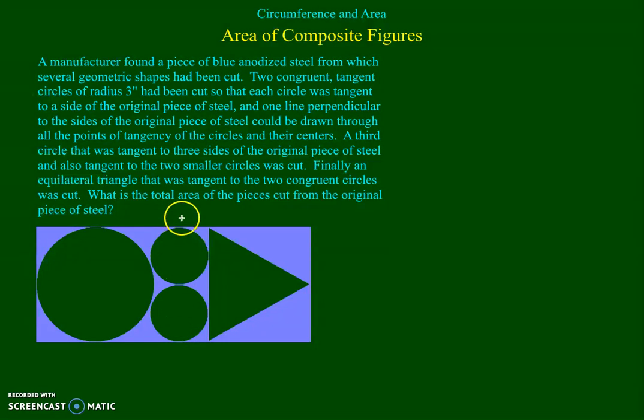That's a pretty critical piece of information to find the other values here. So we know this radius is 3, this radius is 3, and there's a line that can be drawn straight through all of these so that we have a diameter and a diameter going through the points of tangency on both of those circles.